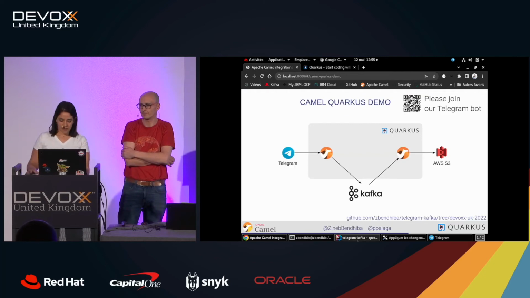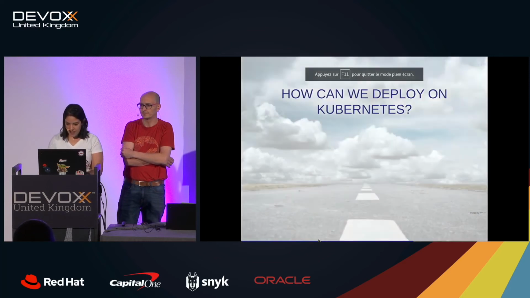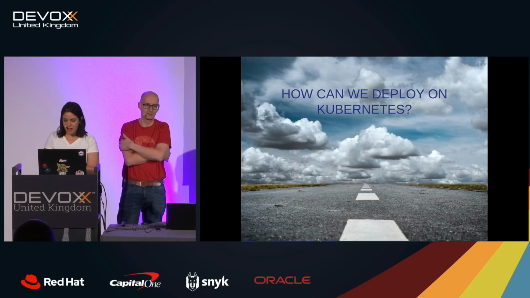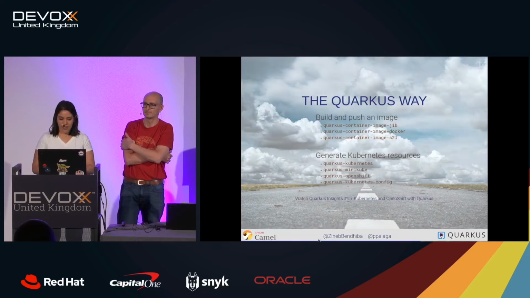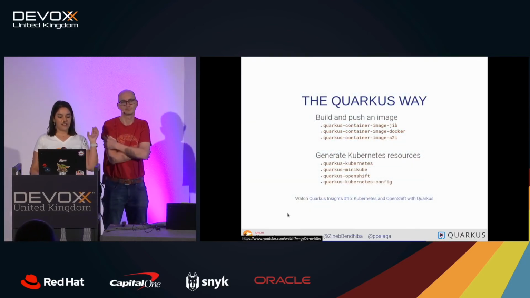Yeah. So I'm going to move on because we have the second part. I'm going to be very quick. How can we deploy on Kubernetes? There is a video on Quarkus Insights that is a talk about how to do it.